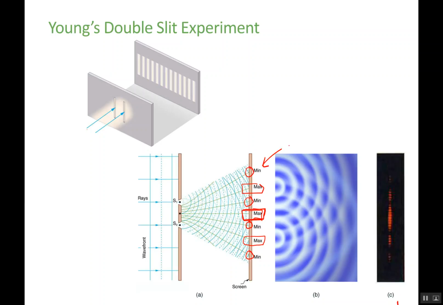So the minima in the pattern are a result of destructive interference, and the maxima are the result of constructive interference. So what does the pattern look like? Well, you have a sequence of bright and dark bands that looks something like this, where there's a central maxima and these bright fringes that go off in either direction.